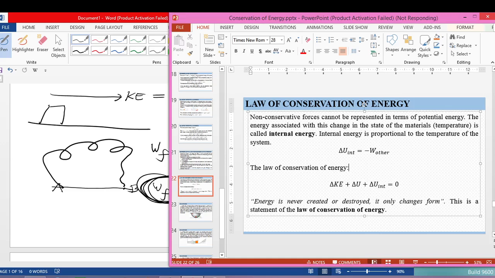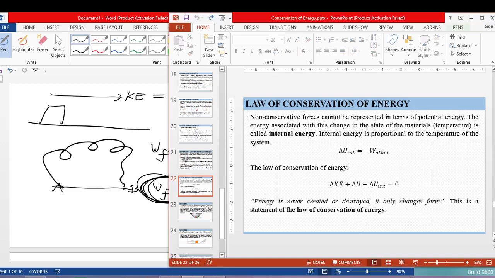Okay, so there are also many types of forms, right? In geothermal, for example, we use heat energy to provide electrical energy, to distribute to our appliances, so it turns into another form of energy. So basically this is the totality of the law of conservation of energy.